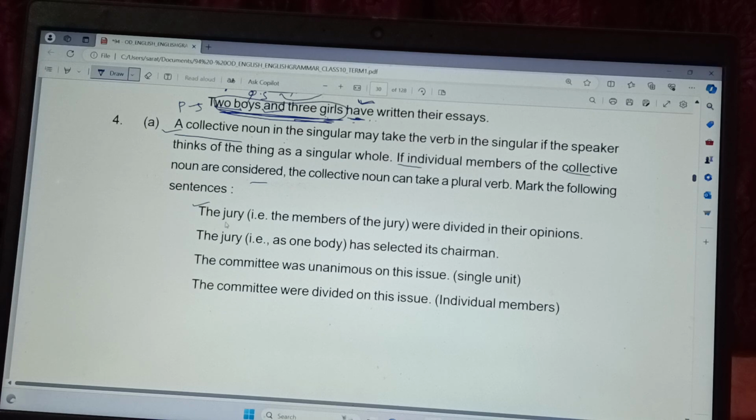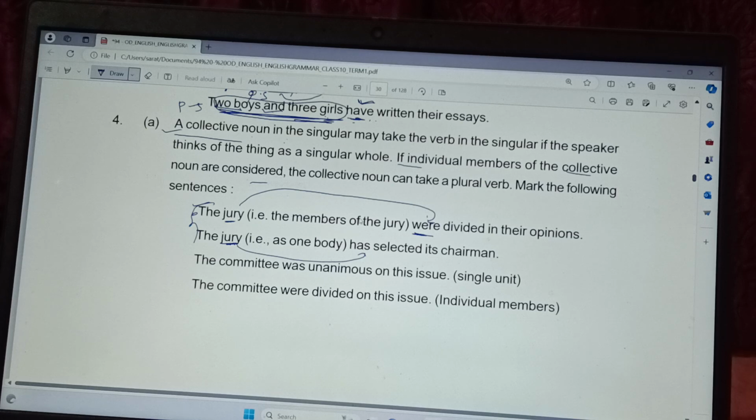Explaining it in a better way, we see the example first. The jury were divided in their opinion. Here, guys, look, the jury is a collective noun and it takes a plural verb. We know that a collective noun takes both a singular verb and a plural verb.